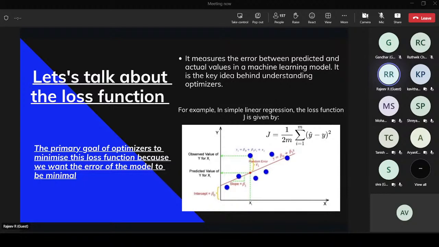When you try to predict something, there tends to be an error between the actual value and what you predicted. This error is represented in the loss function. So the higher the error, the higher your loss function will be. So we use optimizers to minimize this loss function.